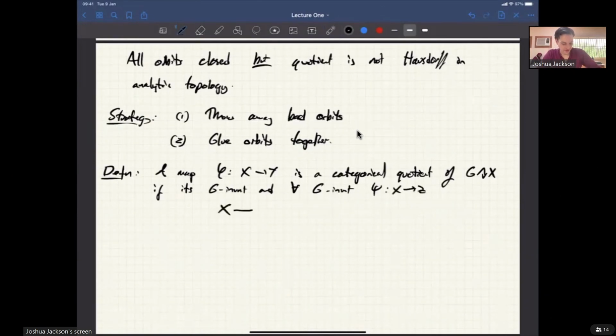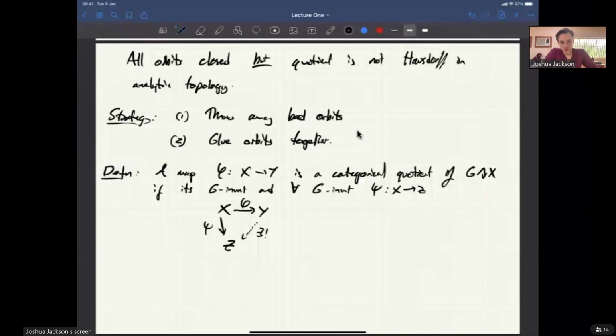So this is a sort of definition by universal property. So here's phi, here's psi, and then what I'm saying is that there exists a unique map here that makes this commute. So this is the universal property that makes something a categorical quotient.